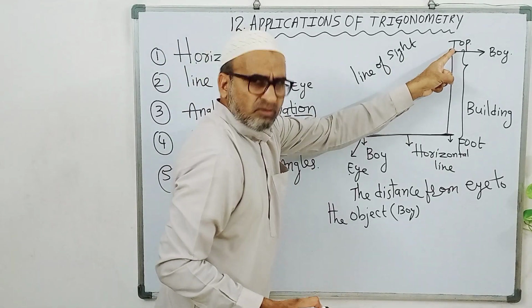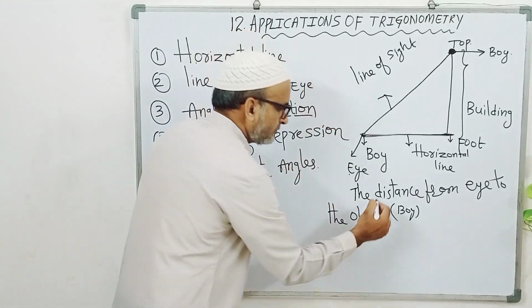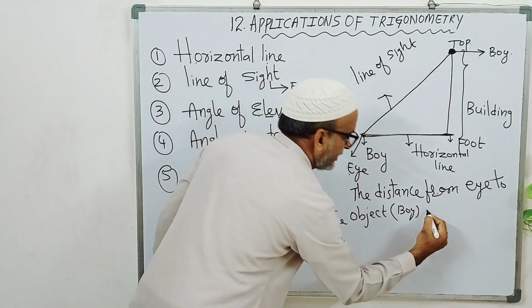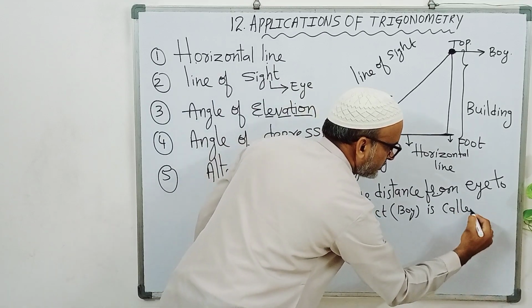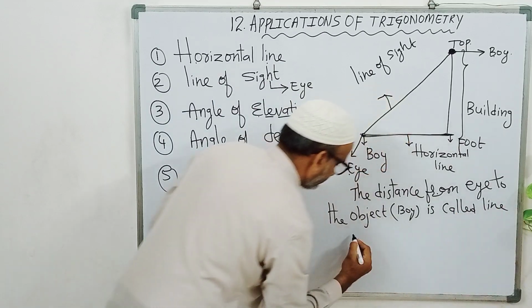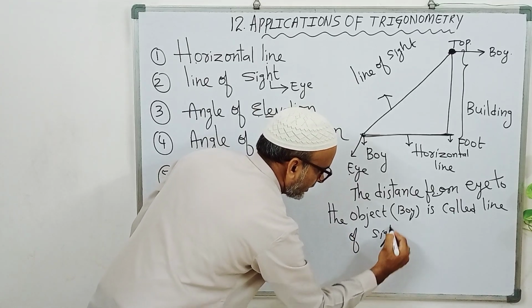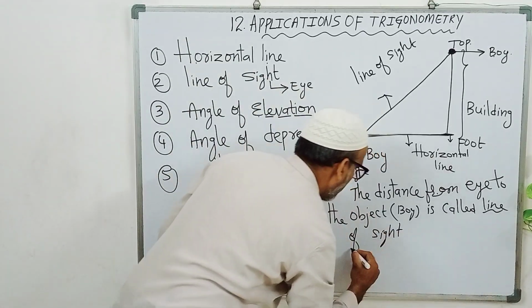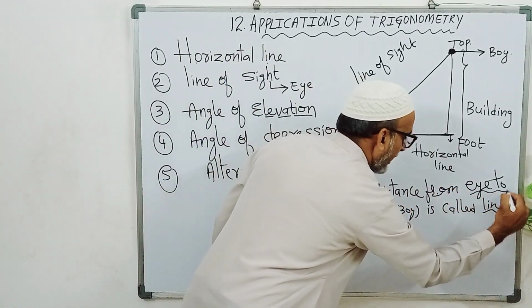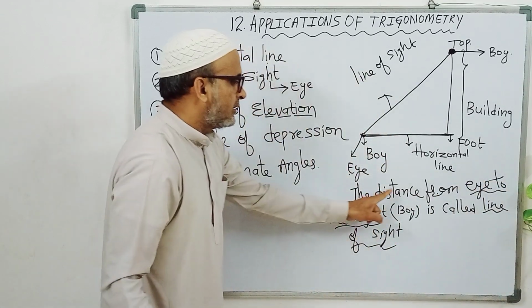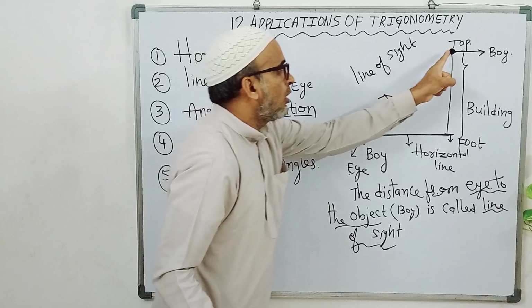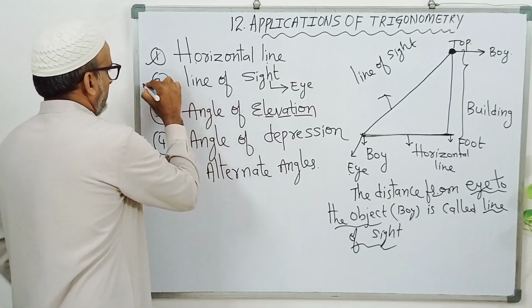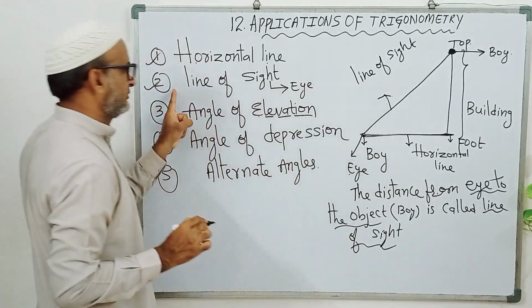The distance from the eye to the object is called line of sight. Horizontal line, line of sight.